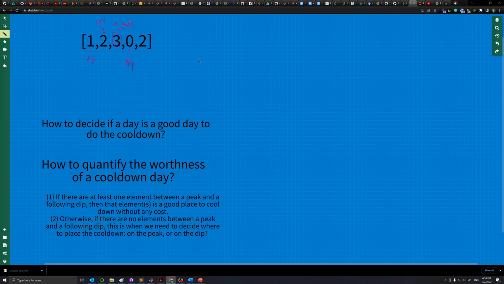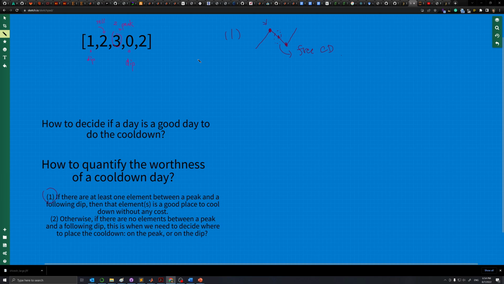So in our first case, if we somehow have a peak, and then between the peak and the next dip there are some elements, and then we go up again, for example, if there's one element here, then this element is a free cooldown, right?